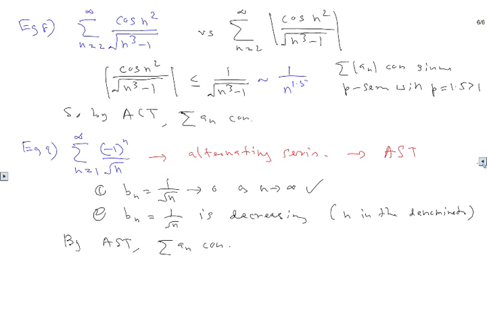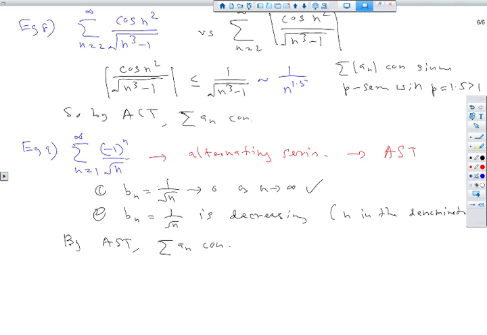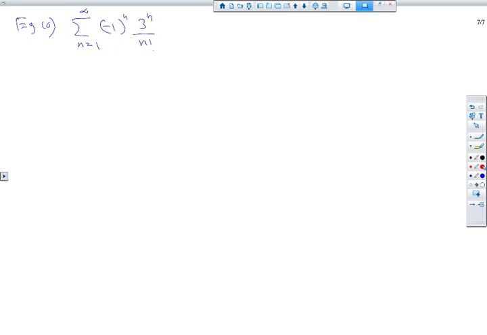So how about this problem? This is example number 10. Sigma n going from 1 to infinity, (-1)^n 3^n over n factorial. Now there's a secret here.